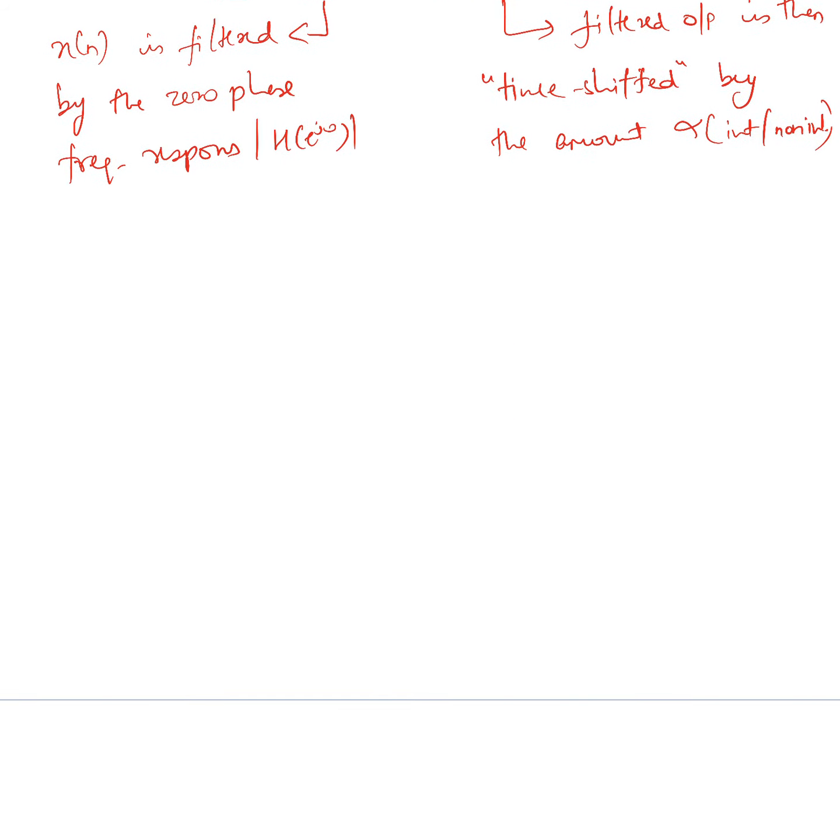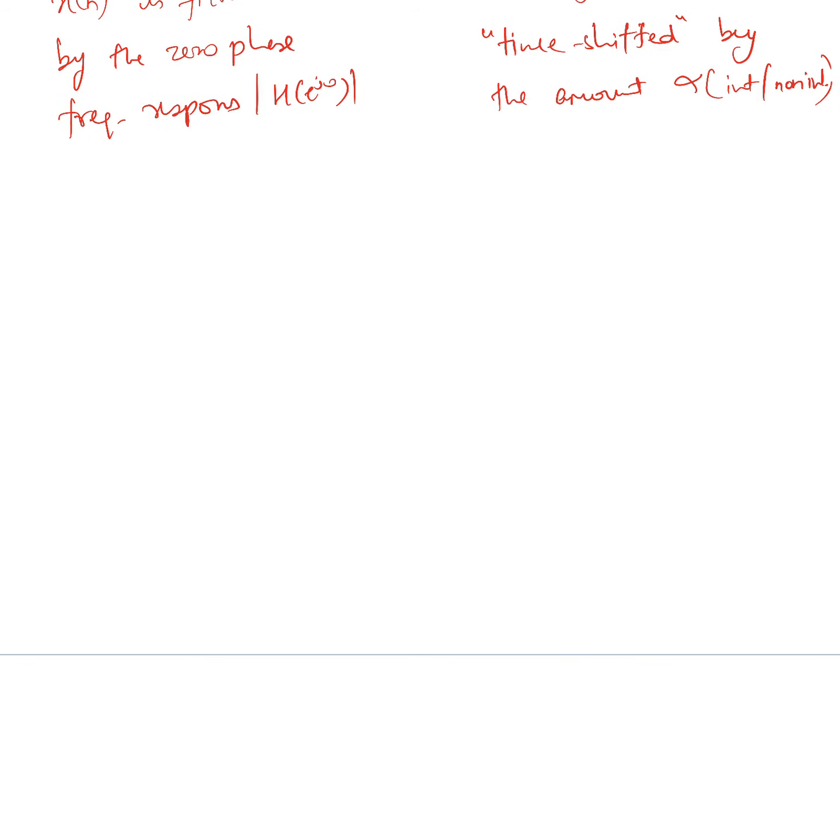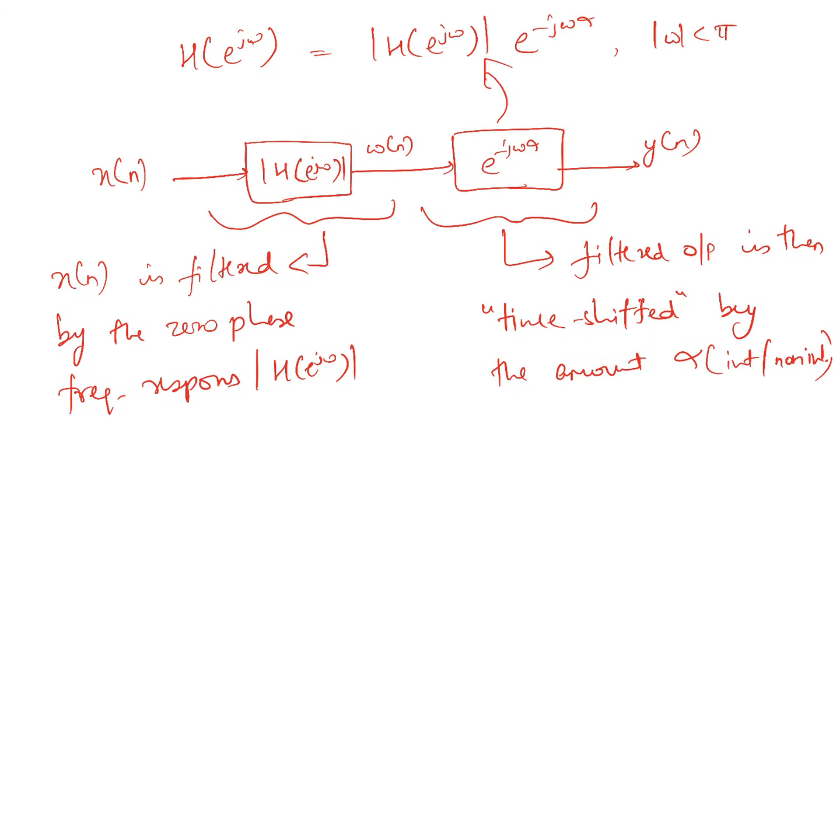So suppose we can consider one example. Suppose you have this H(e^{jω}) as the linear phase low pass ideal filter, which is defined as H_LP(e^{jω}) as e^{-jωα} for |ω| < ω_c.